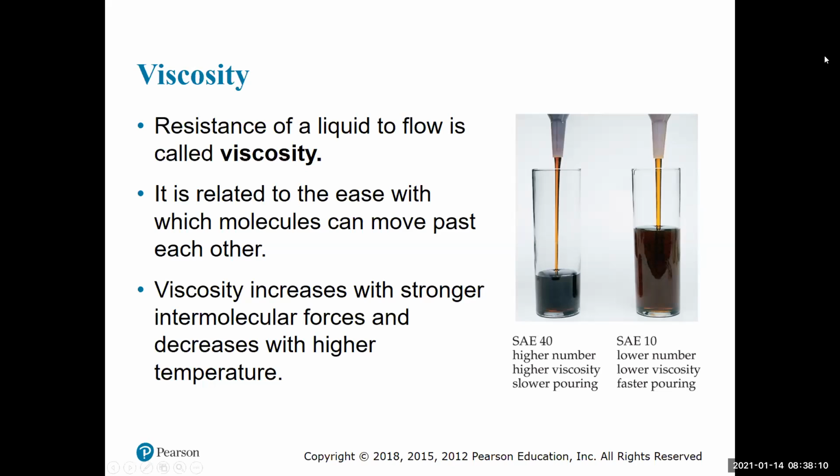If we think about why that is, if we're trying to disrupt those intermolecular forces, you need to put energy in to break those pseudo bonds. We've talked a lot about energy, and usually when we're talking about energy, we're talking about heat, right?